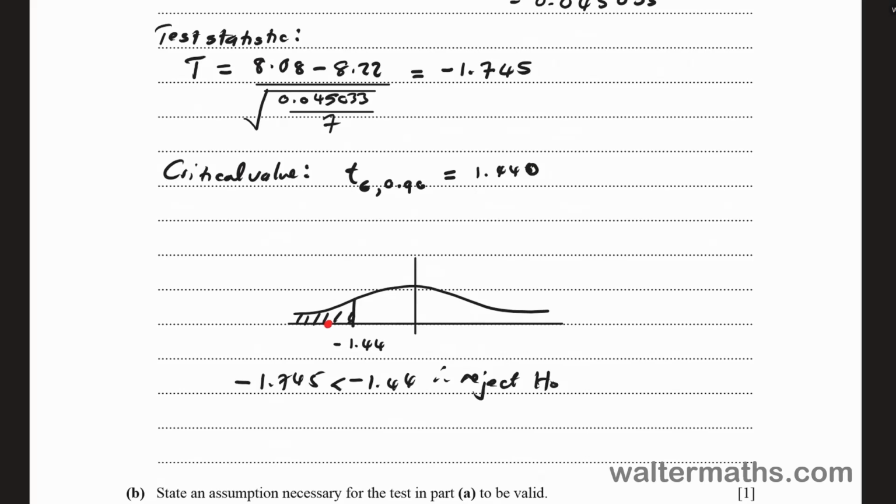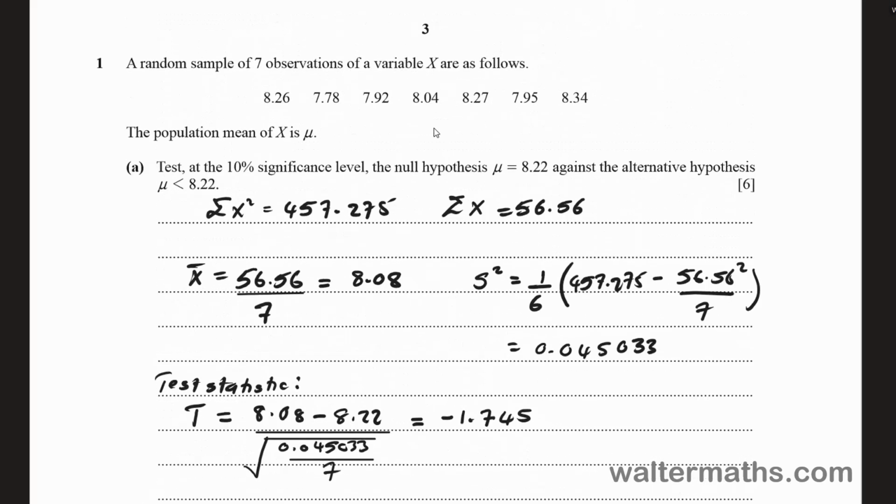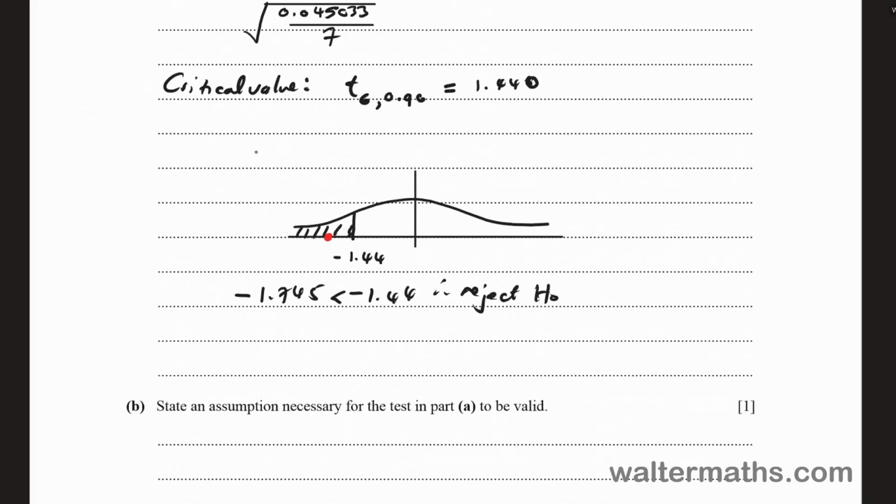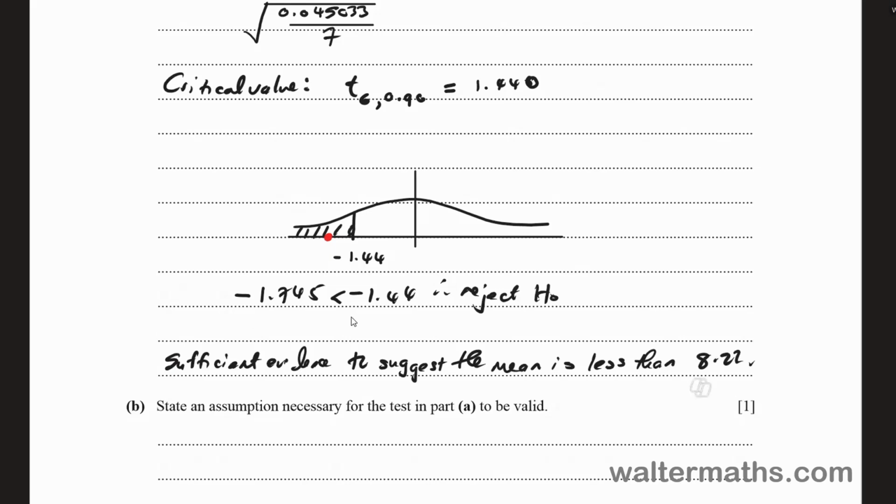Since we're rejecting the null hypothesis, we accept the alternative, which is that there is sufficient evidence to suggest that the mean is less than 8.22. So that's how we answer this particular question.